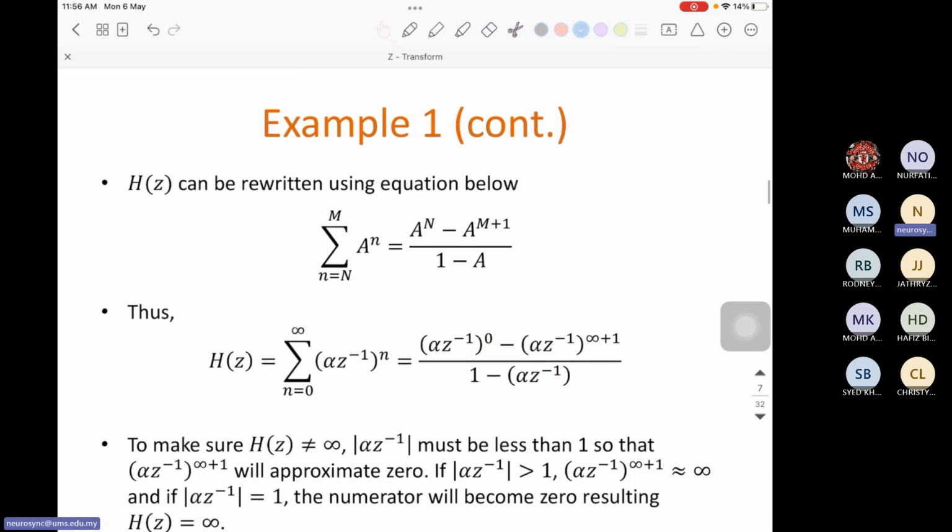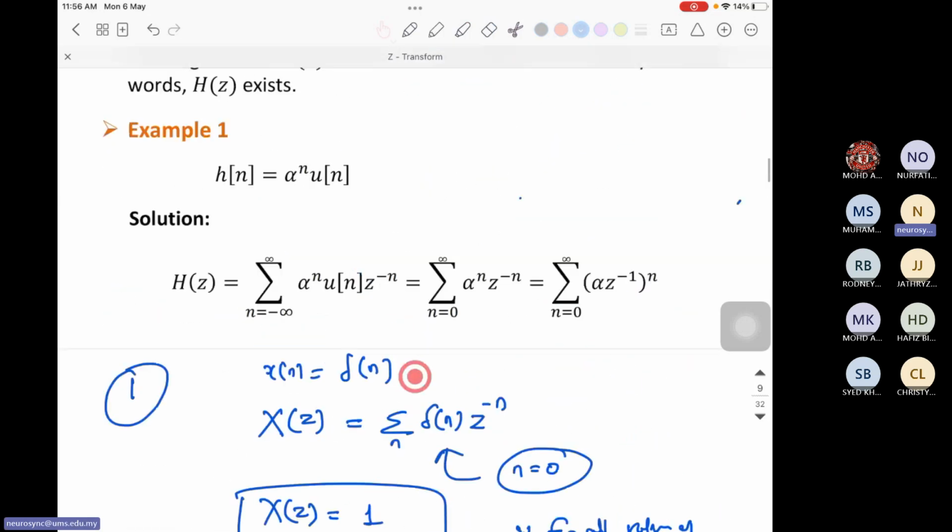Now, for this summation, we can apply the standard formula.